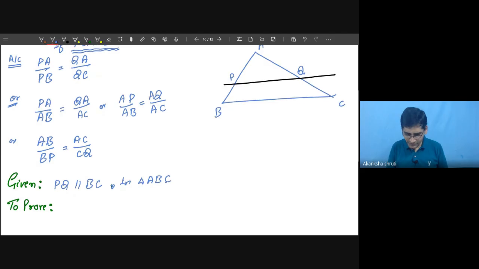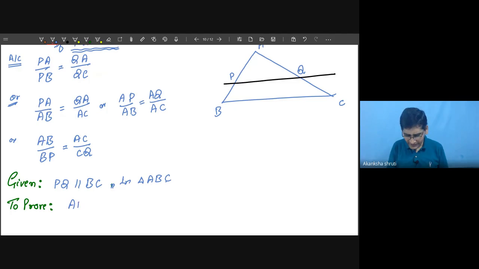Then we have to prove this AP by PB is the same as AQ by QC, or this is called the standard ratio.